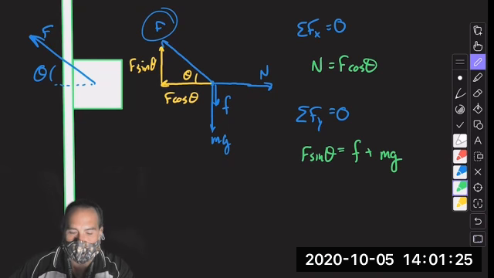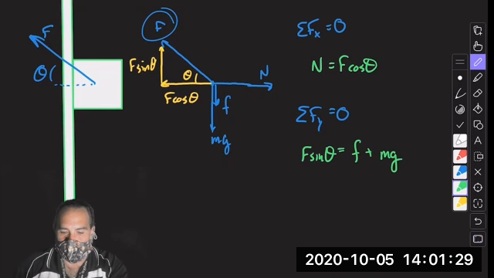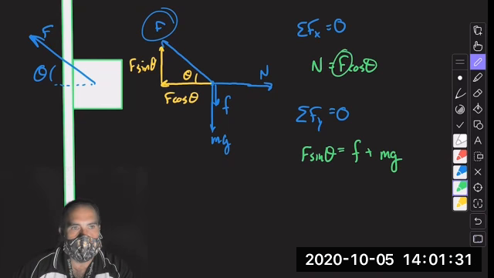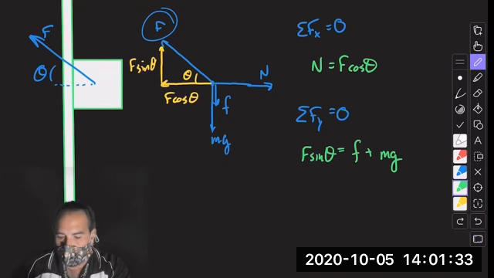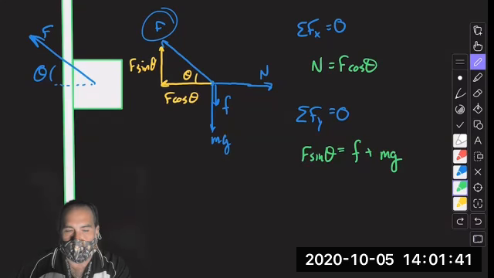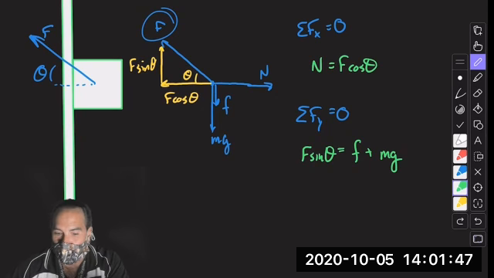Now, none of this solves my problem, which is what is my value for F? And looking at these two, there's no way to eliminate a variable between them. There's nothing I can solve for in one of these equations and eliminate it in the other. That leaves me with an answer that only has what?